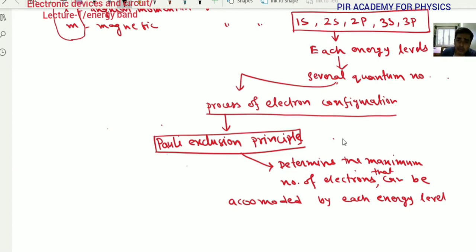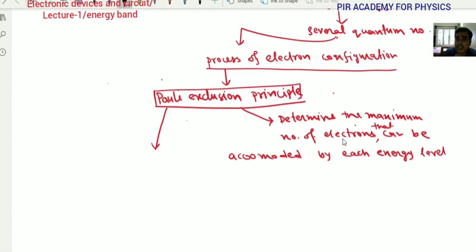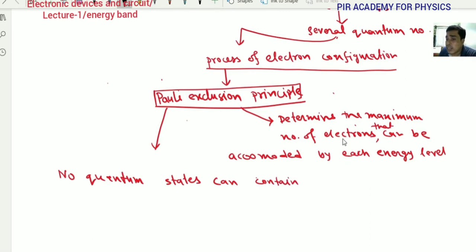Now, what is the principle? If I state the exact principle, the Pauli exclusion principle is that no quantum state can contain more than one electron.